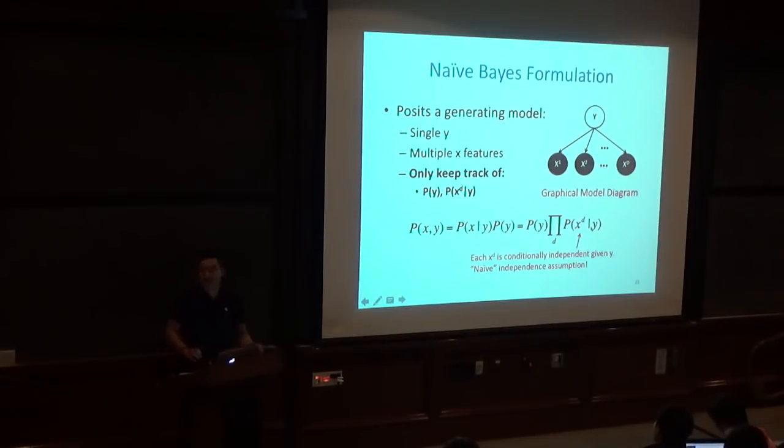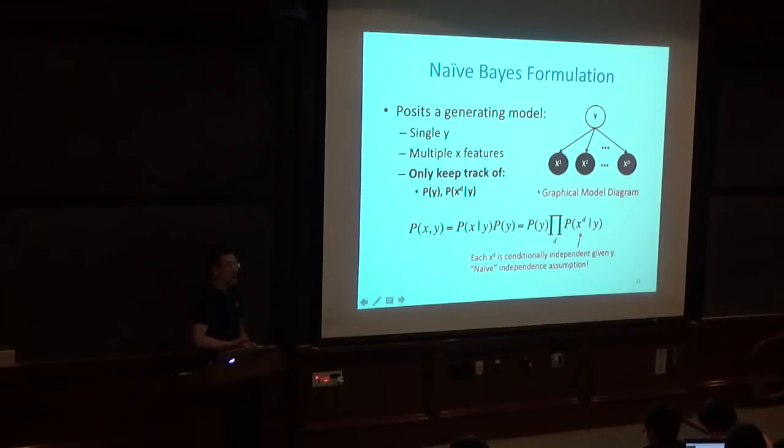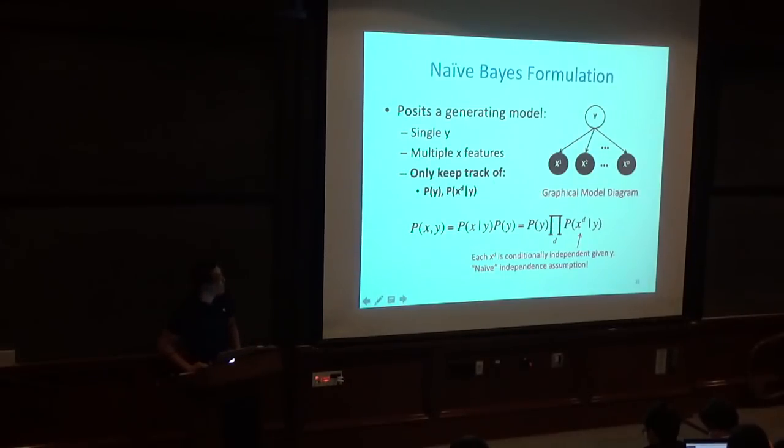And if you work with probabilistic models, then you'll inevitably encounter what are called graphical models. So graphical models is basically what you see in this figure. They are essentially a graphical representation of the conditional independence structure of the probabilistic model. So in particular, these arrows mean that each of these P of x's is given y.